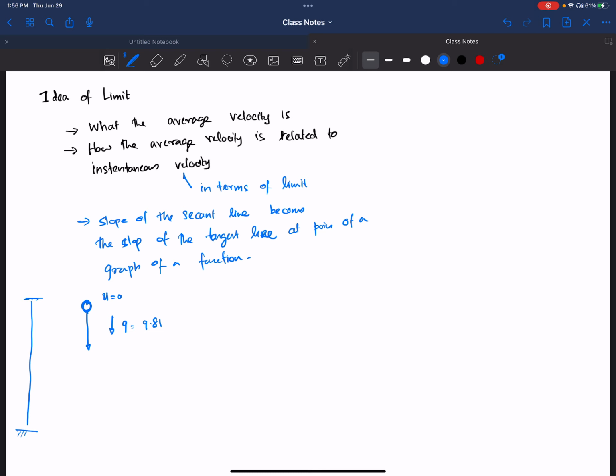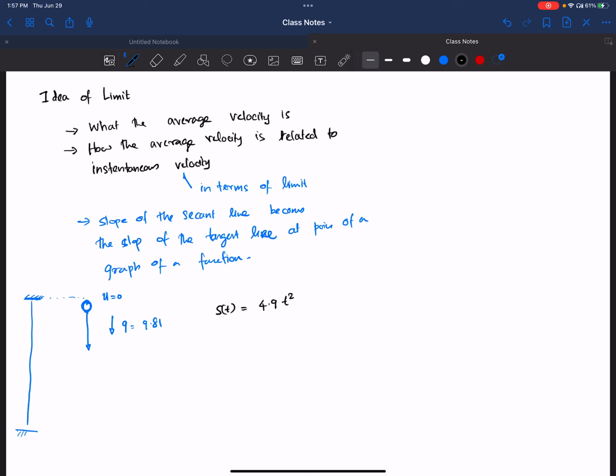Its displacement from the top location that it is released is given by s(t), as a function of time. S is displacement as a function of time. s(t) is 4.9 t squared. This comes from basic equations of motion that you have already learned in physics in high school.